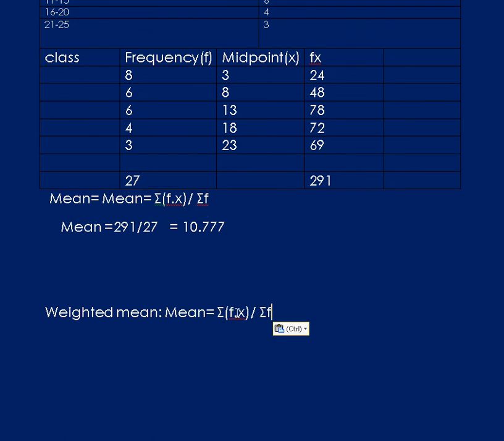Instead of the frequency, it's going to be weights, and here it is also weights. So it replaces the frequency with weights. That's all about weighted means, and weighted means normally have varying weights.